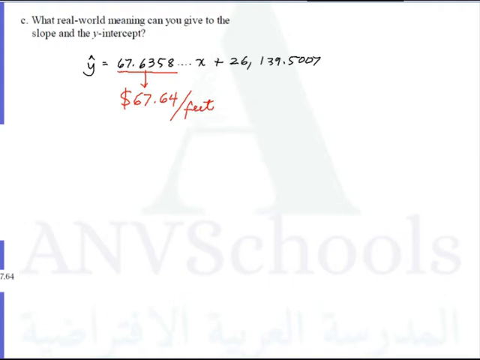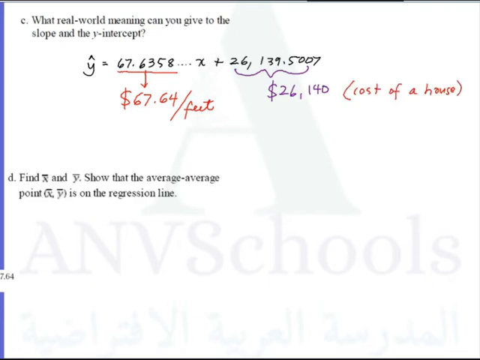And the y-intercept is when x is equal to 0, meaning that a house could cost at the minimum, okay, when x equals 0, a house could cost at least $26,140. Okay, this is the meaning of our slope and y-intercept.